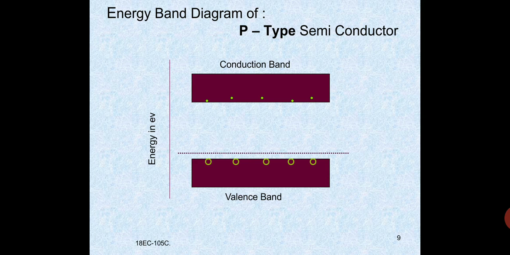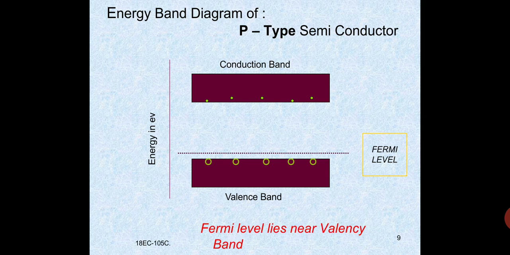When you look at this, the Fermi level is lying very close to the valence band here. So this is for a p-type semiconductor material. We should always remember that the Fermi level lies very near to the valence band in case of a p-type semiconductor material.